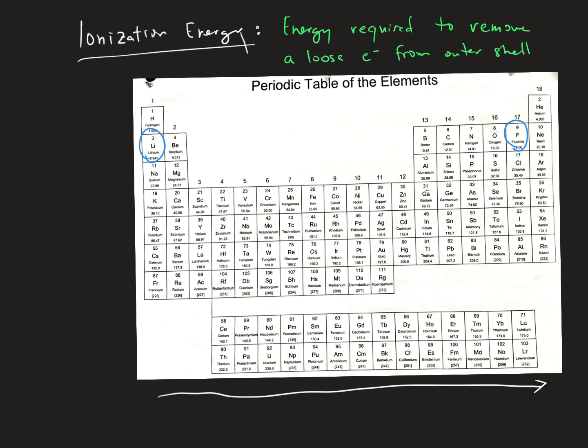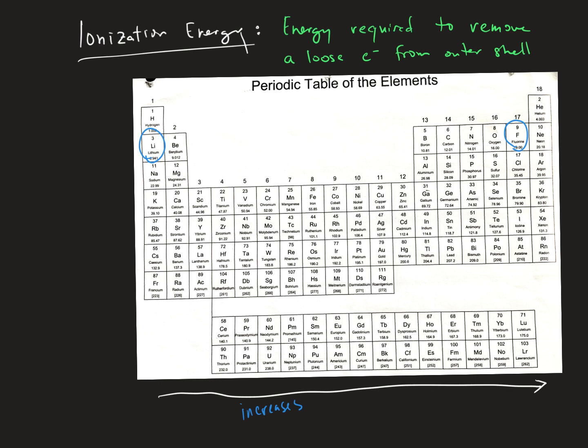So what happens to the ionization energy from left to right then? Decreases or increases? It takes more energy to pull off that electron. You with me? So it increases going from left to right.